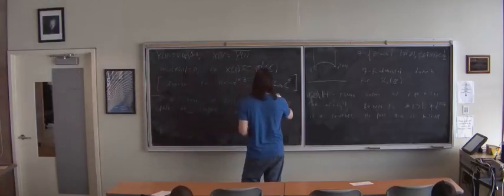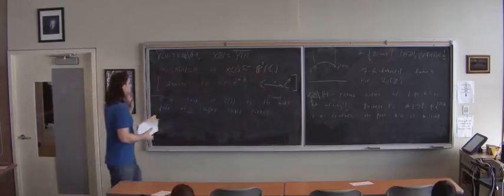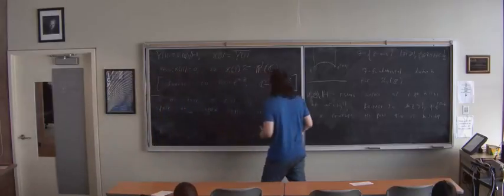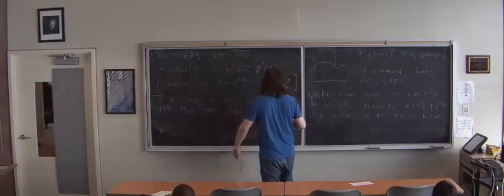Here I should add the word coarse, because it doesn't behave very well in families and elliptic curves have automorphisms. Nonetheless, for every point of Y1 you get an elliptic curve and vice versa.